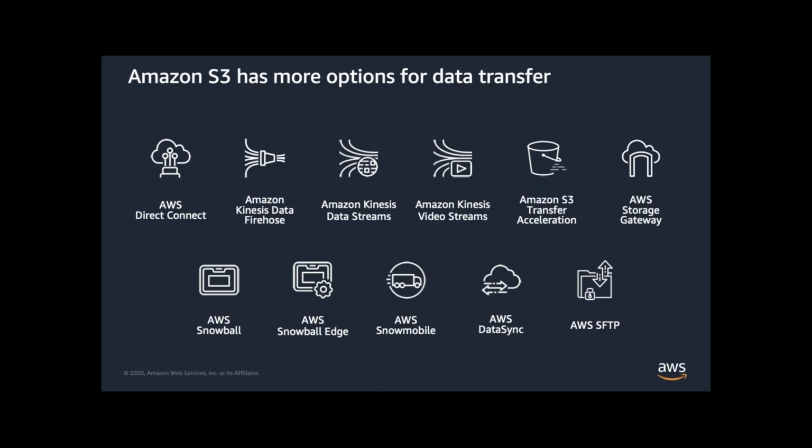Another set of data transfer services that we do see more for streaming data rather than genomics data would be Kinesis Data Firehose, Data Streams, Video Streams. And while those aren't necessarily always as applicable to genomics itself, we do often see customers analyzing genomics data in conjunction with a broad set of phenotypic data.